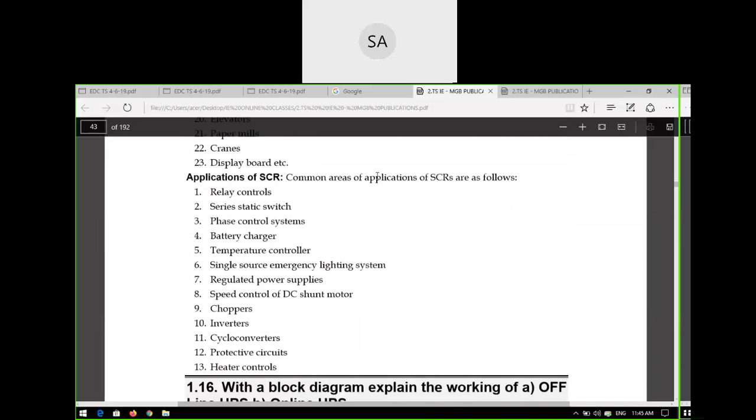Specifically for the SCR, the common areas of application are relay control, series static switch, phase control system, battery charging, temperature controller, emergency lighting system, regulated power supplies RPS, speed control of DC shunt motor, choppers, inverters, cycloconverters, protective circuits, heater controls. Choppers mean DC to DC converters, inverters mean DC to AC.